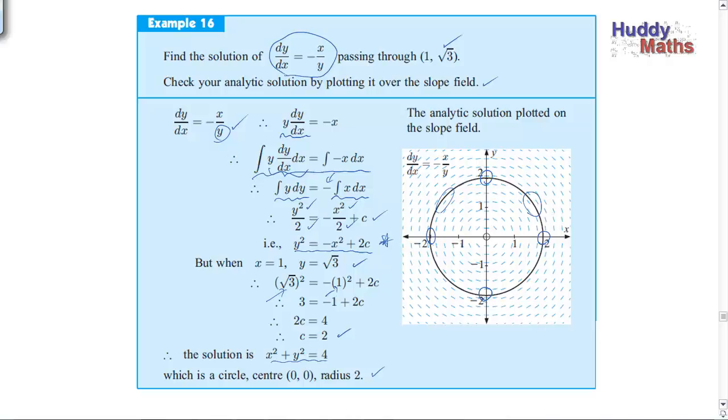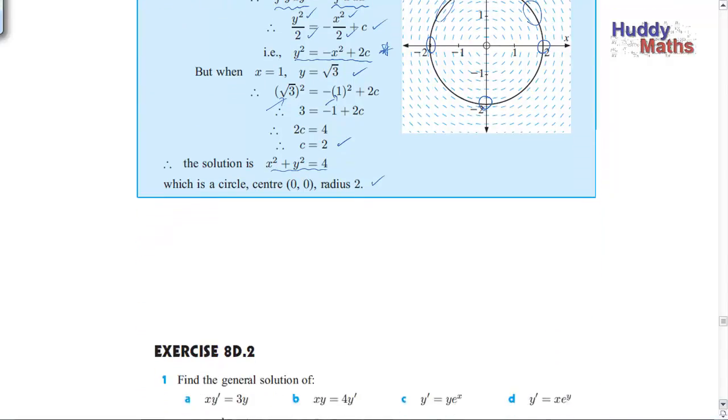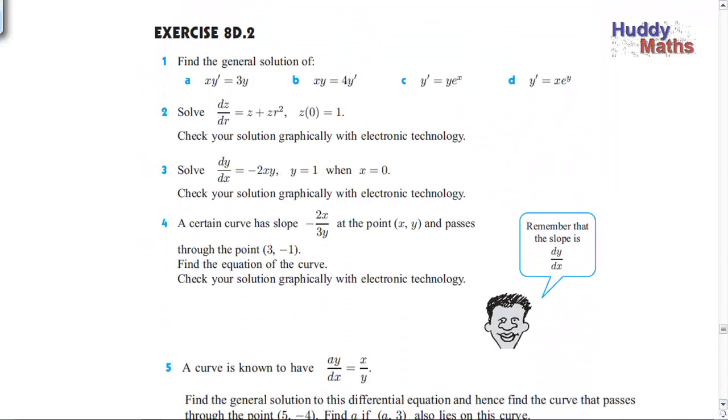Okay, come down and it's your turn, and we'll finish off there. So here's some questions, question 1 to 4. Solutions are down below. Just check your work with technology. Okay, so you have a look at the graph of it and see what you think.